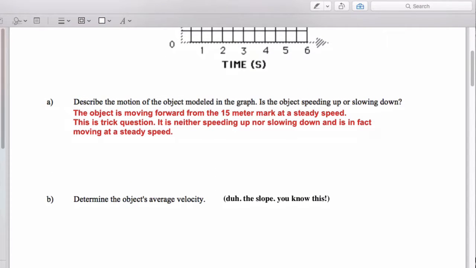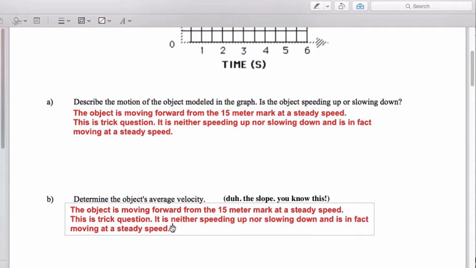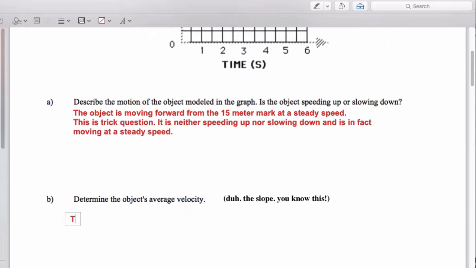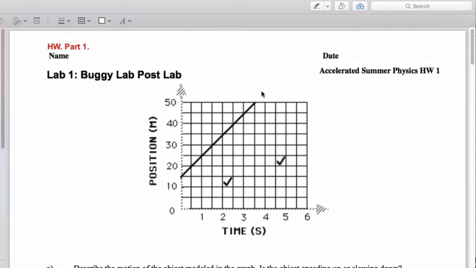Now, to get the object's average velocity, we're going to simply do a slope calculation. So let's be really careful here. For me, looking at this object, I would take the rise over the run, and in this case, I noticed that at 3.5 seconds, I'm at 50 meters. So let me actually label this coordinate here just to be careful.